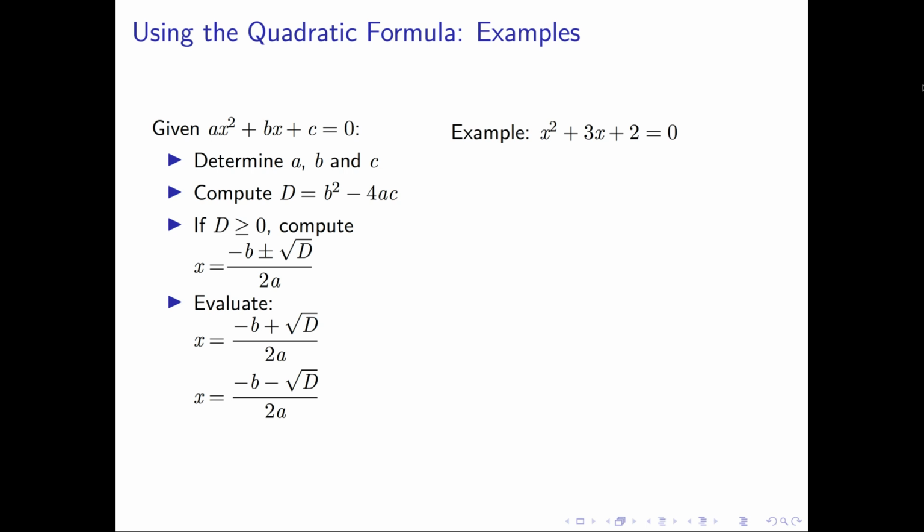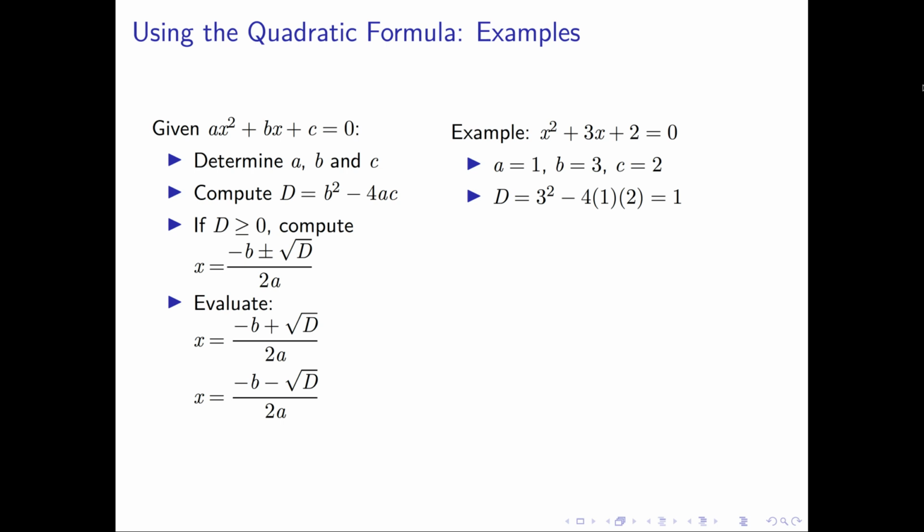Here's an example. Given x squared plus 3x plus 2 equals 0, we see that a equals 1, the coefficient of x squared, b equals 3, and c equals 2. Now we're going to compute the discriminant. That would be 3 squared minus 4 times 1 times 2, and that equals 1. So the discriminant is 1.